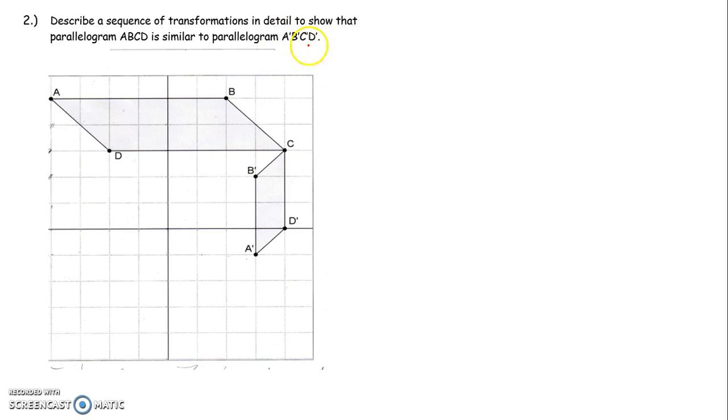I'm actually going to start with the image. I'm going to take A prime, B prime, C prime, D prime, and I'm going to rotate it back up to lie right on top of this parallelogram. So I'm actually going to map this image back onto the original. So let's go ahead and take a look.